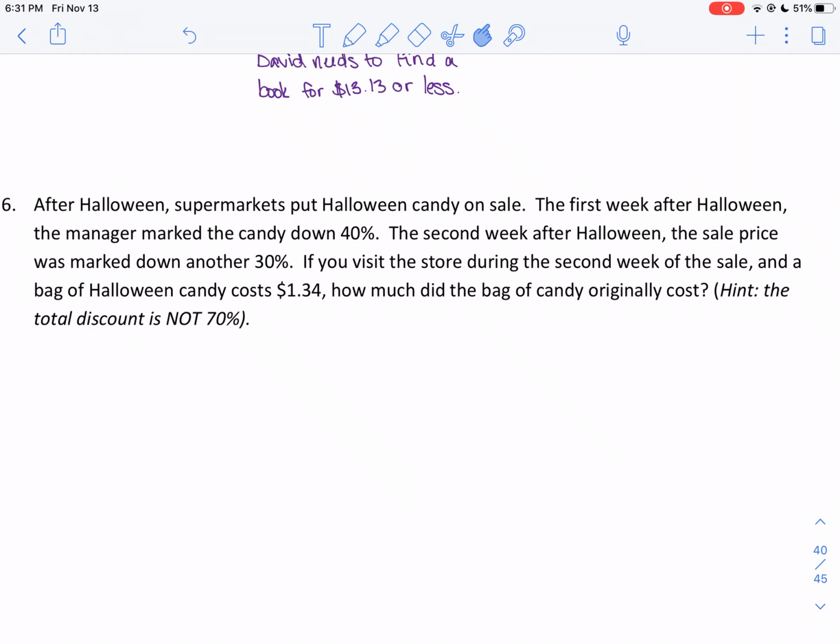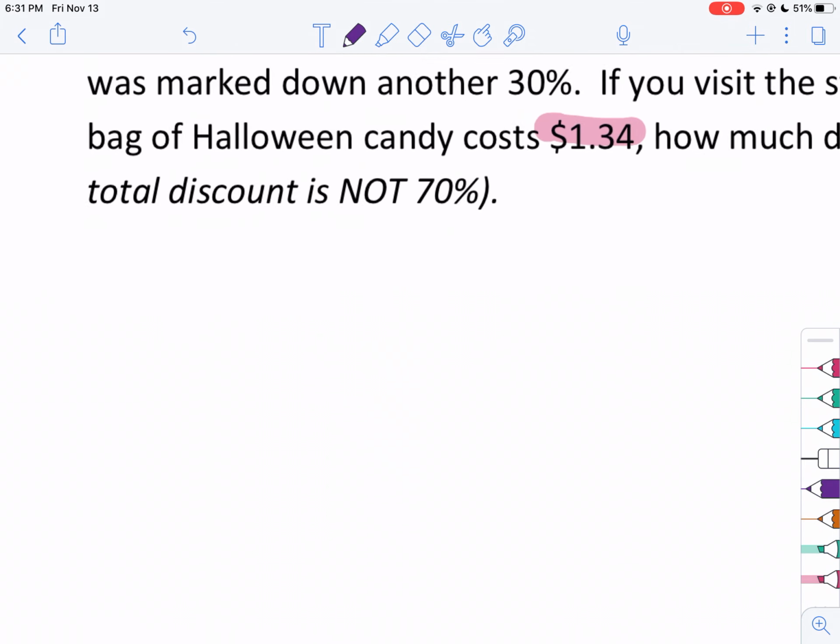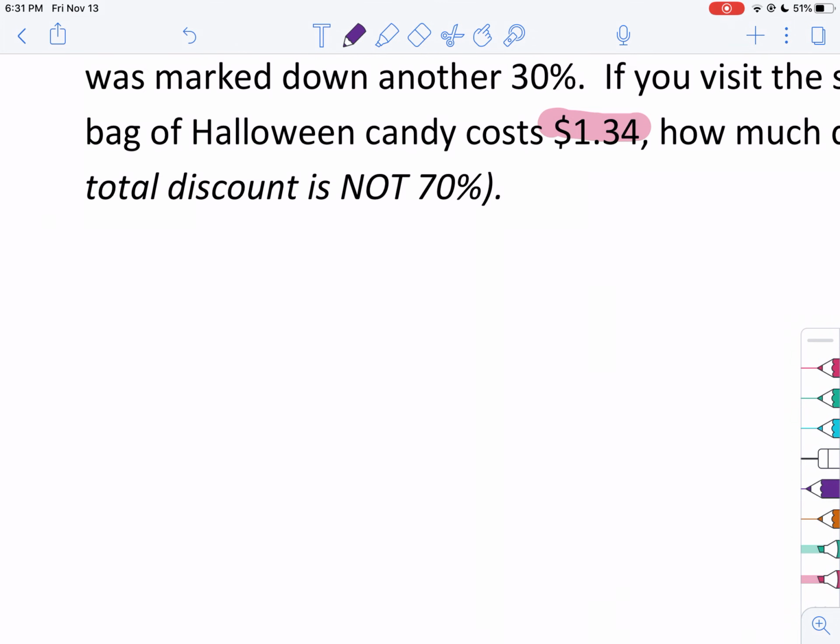But we kind of have to work backwards. Okay? So they first marked it down 40%, and then they marked it down 30%. So that means that this $1.34 is after the 30% discount. So we have to use that 30% discount first. And so remember, we're finding their original. So finding the original, so we know, if we set up our proportion, we know 100 is there for our percent.